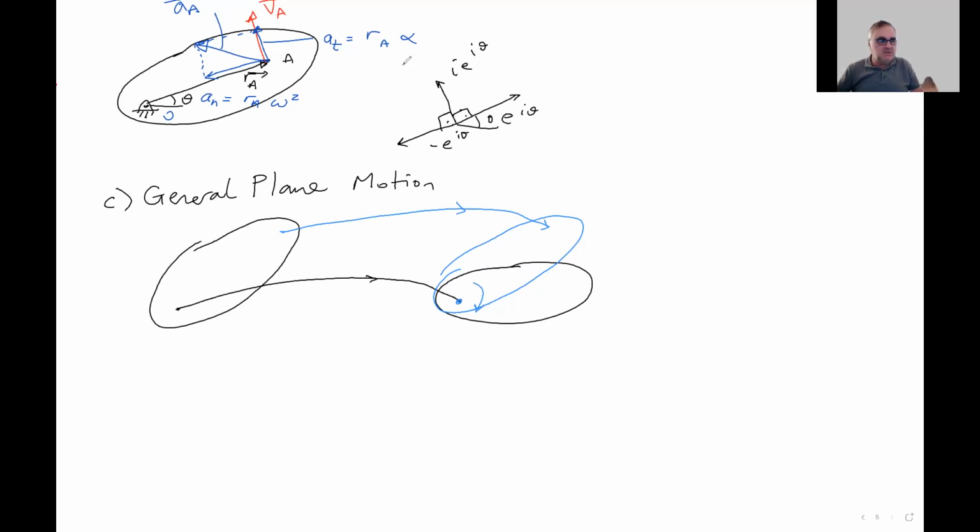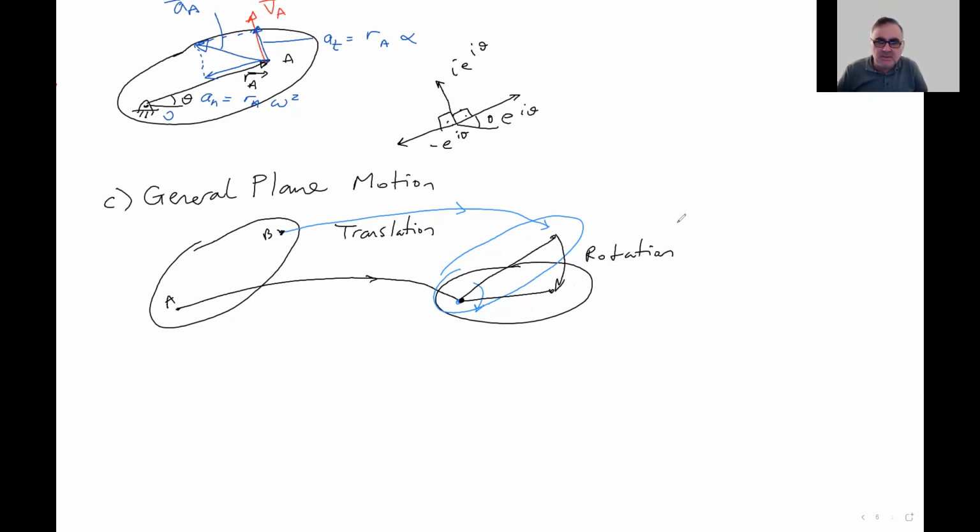So the general plane motion can be expressed as translation and rotation about a fixed point, right here. This is especially true for infinitesimal motions. For finite motions, this is not really true, but for infinitesimal motions, it is true. It can be shown, but I'm not going to do that.